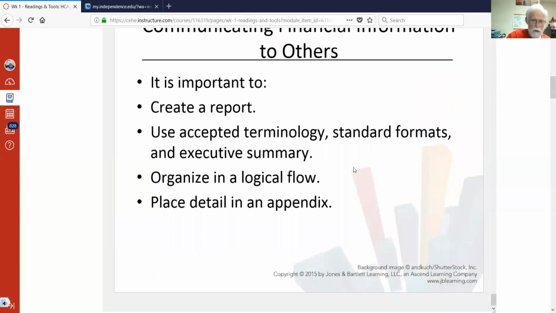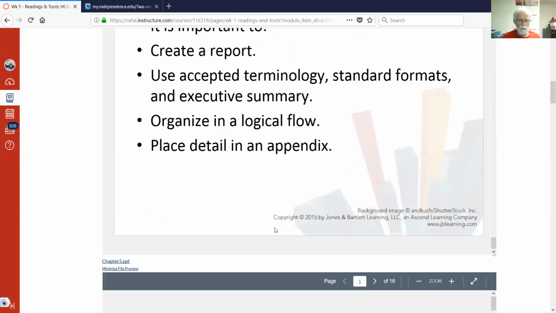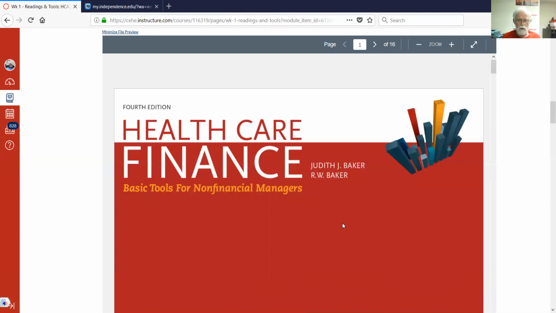When we are communicating with others, when you go in, find out what reports they use, and are they structured. But generally your reports are summary, and then they're accompanied by appendices with the data.